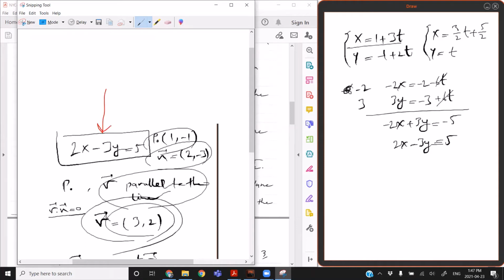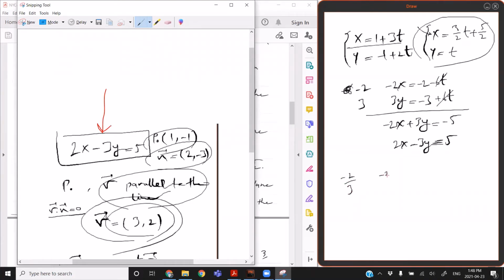Now, what if I do the same thing with the other set? In order to eliminate t, I would just keep y as it is, but I would multiply the first equation here by -2/3. So -2/3 times the first equation.